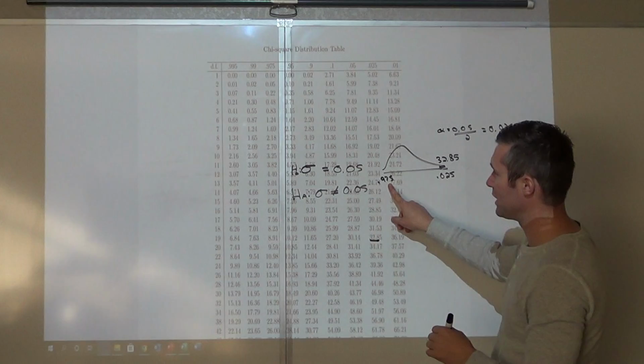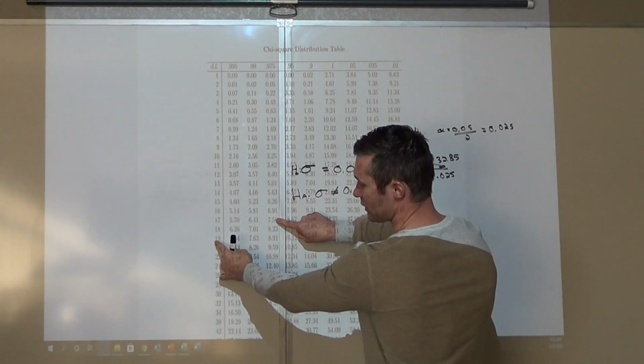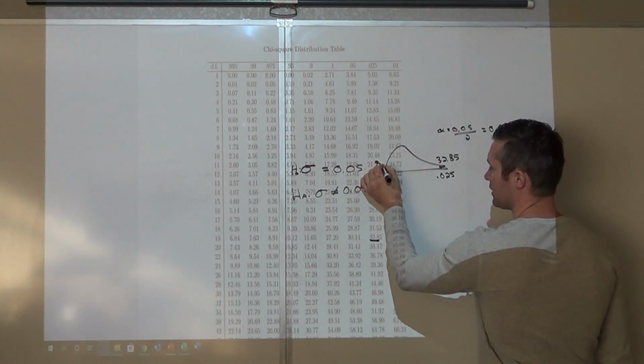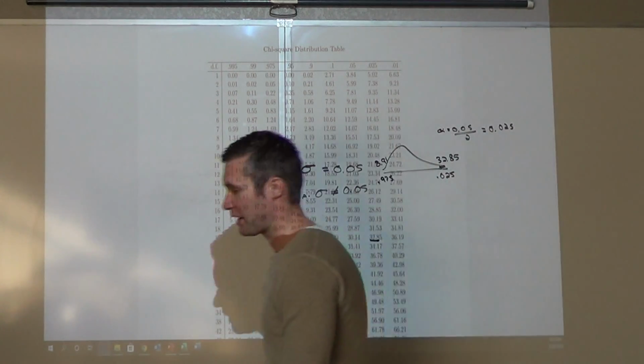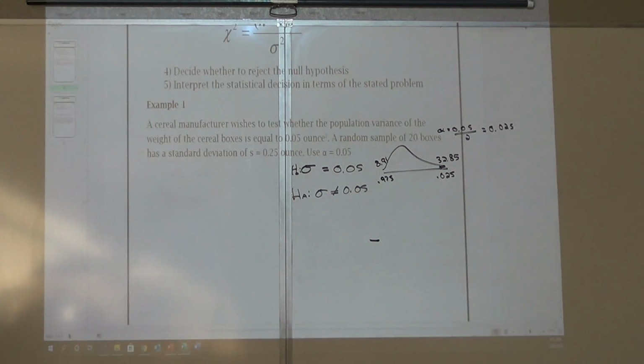Then we also have 0.975, so we go back to 0.975. Again, the sample size is 20, so 20 minus 1, and that gives 8.91. Those are the values that we are going to compare when we get our test statistic.